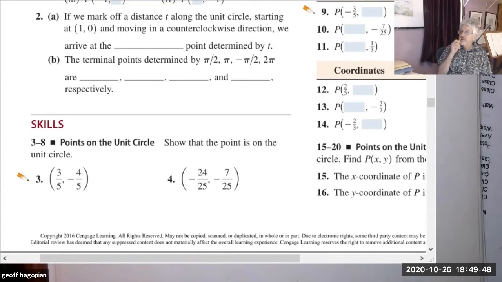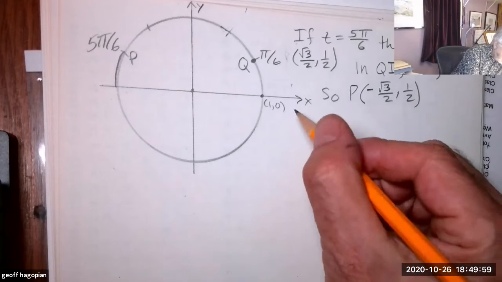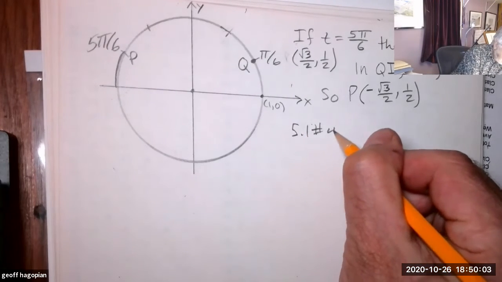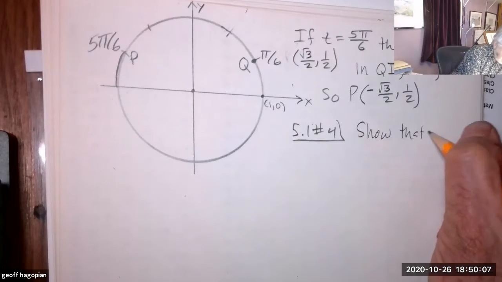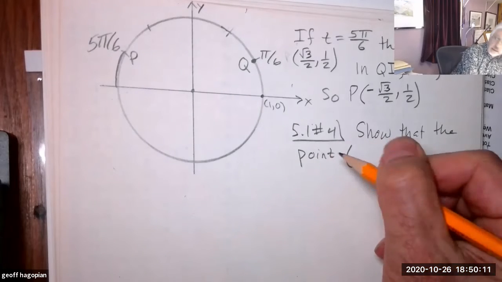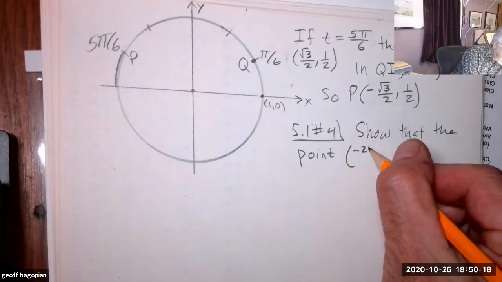So this is number 4. Here's what we'll do. So this is 5.1, number 4. Show that the point and the coordinates of the point are negative 24/25. That's pretty close to -1.